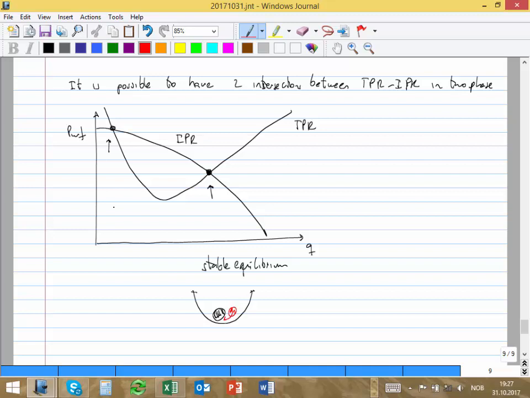And this point is what we call an unstable equilibrium. It's the equivalent of the ball balanced on top. If we move it, it will tend to fall out of equilibrium. It's very difficult to maintain that point. And I will try to explain in a very simple way why.